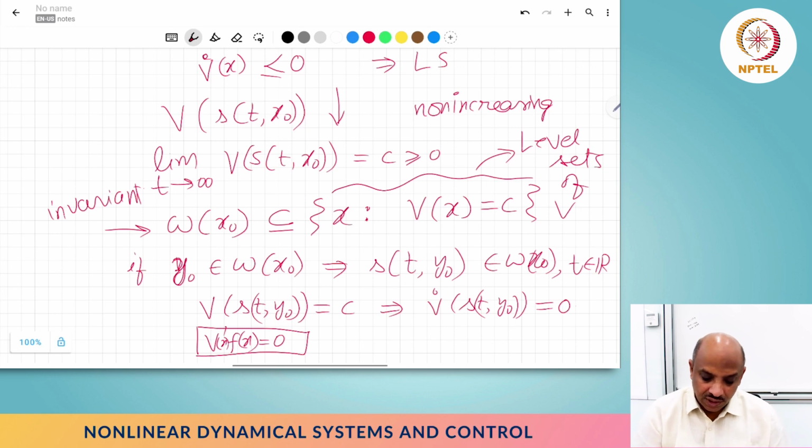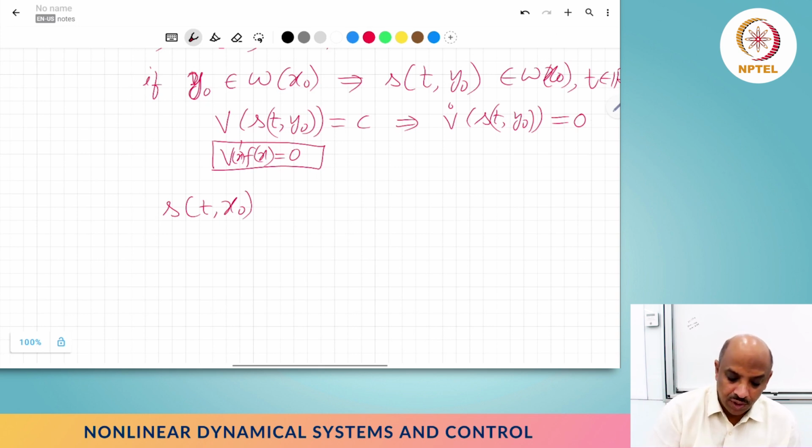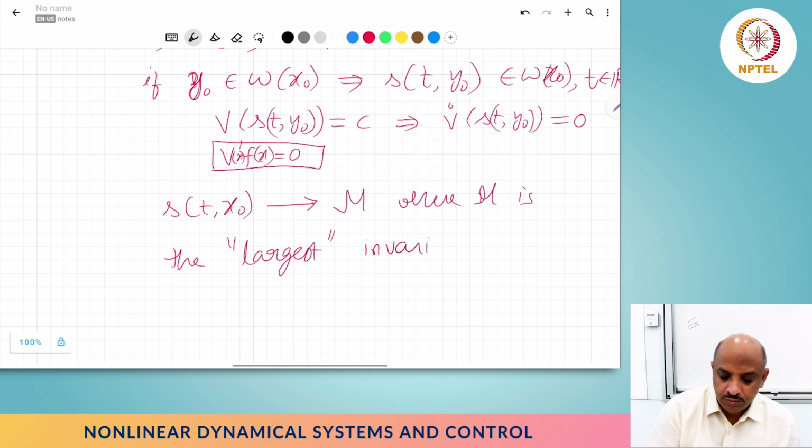So in other words, basically what we are saying is S of t comma x0, this is the original trajectory, no longer in this invariant set, the limit set, will go to some M, where M is the largest invariant set in the set V prime of f of x equal to 0, right?